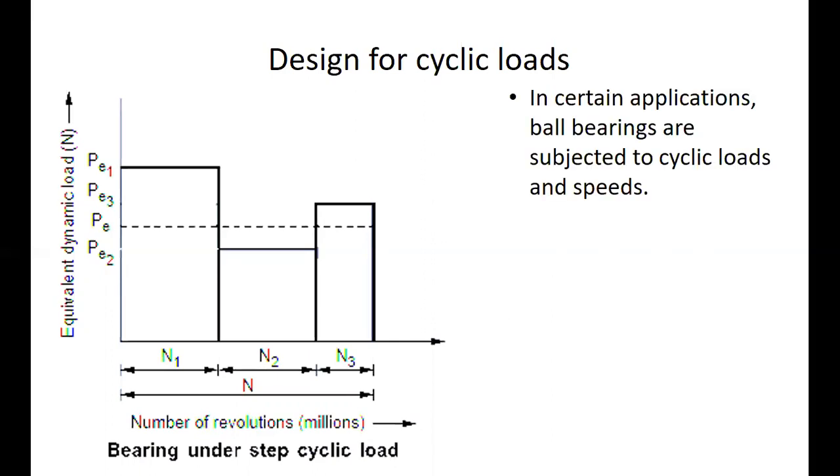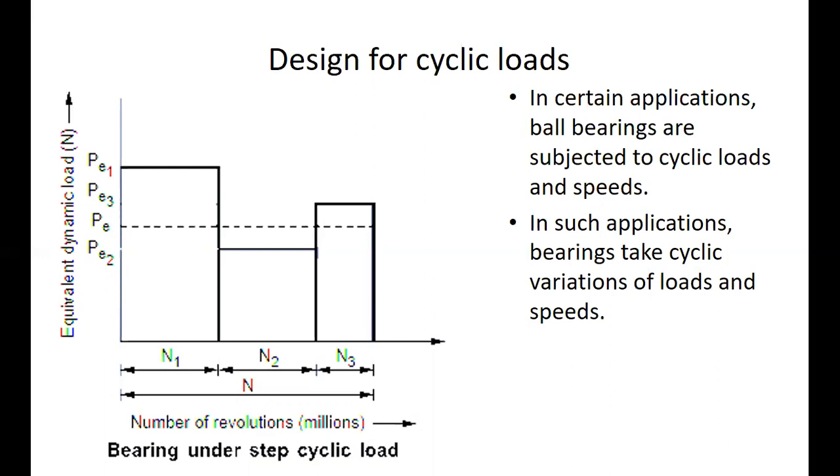Like I said, in certain applications, ball bearings are subjected to cyclic loads and speeds. In such applications, bearings take cyclic variations of loads, which is seen from the diagram: during the N1 cycle, PE1 load will be acting. During the N2 cycle, PE2 load will be acting. During the N3 cycle, PE3 load will be acting and so on.